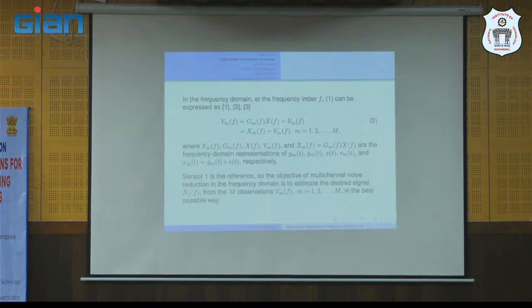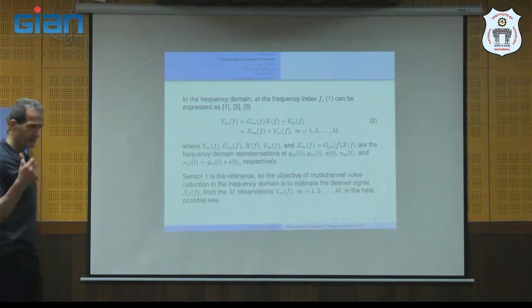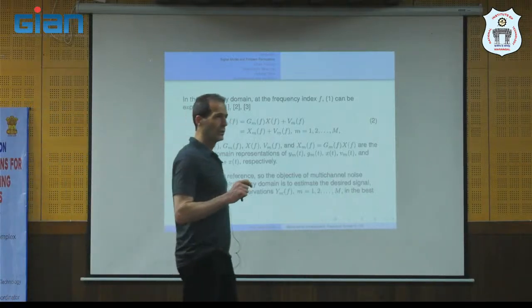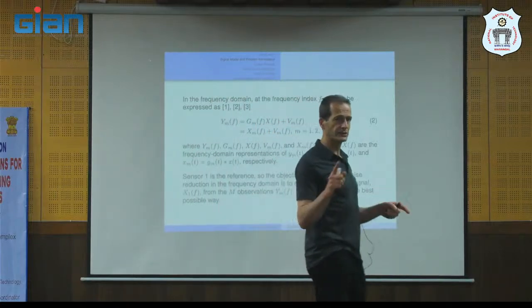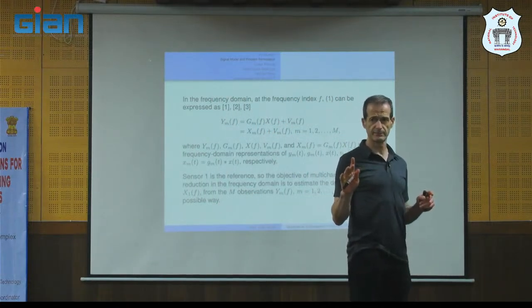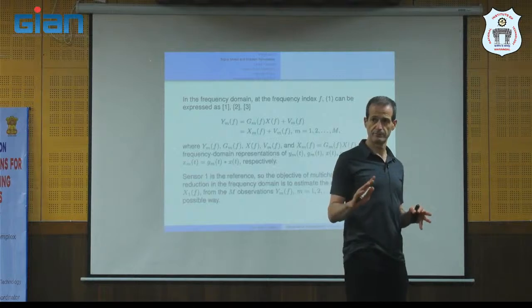Okay. So our objective is to estimate X1(f) from the frequencies, and for simplicity, as we did with the single channel, we don't use the correlations between different frequencies, even though it's possible.